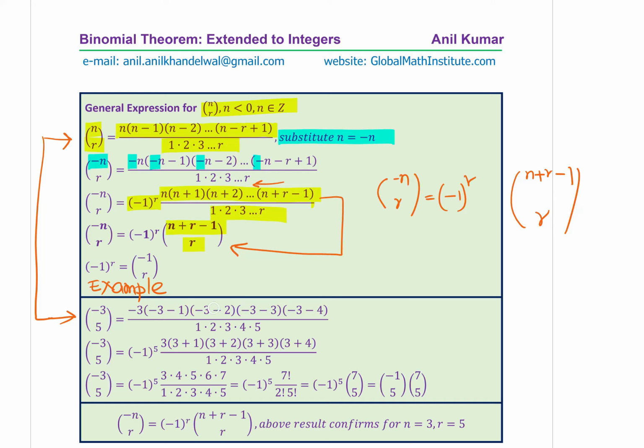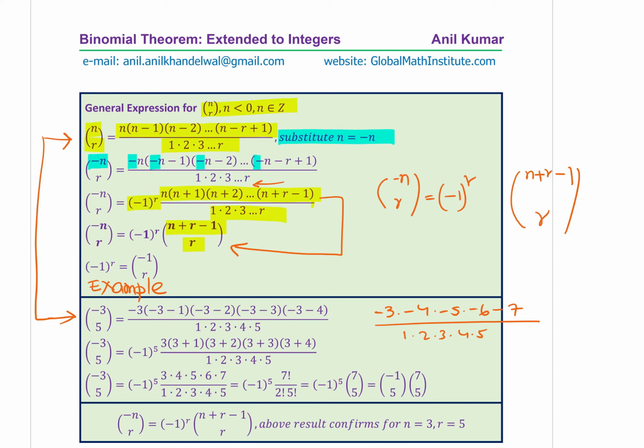So we have 5 terms here, which will be minus 3, minus 4, minus 5, minus 6, till minus 7. So this is minus 3 times minus 4 times minus 5 times minus 6, we need 5 of them, 1, 2, 3, 4, and minus 7, divided by 1 times 2 times 3 times 4 times 5. That is what you're going to get.